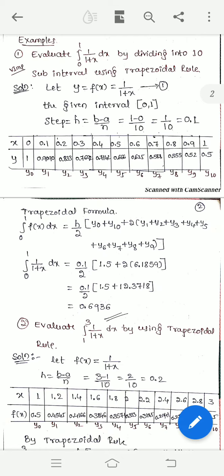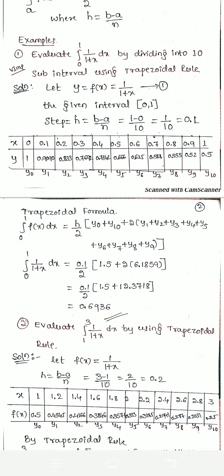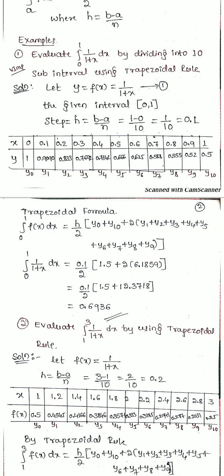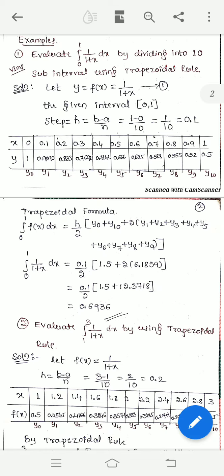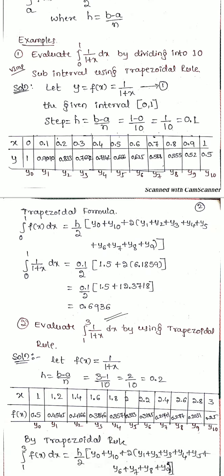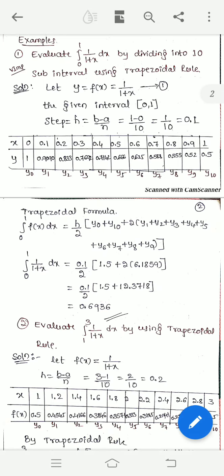So it is equal to h, where h is equal to 0.1. 0.1 divided by 2 into the first term plus the last term, that is 1 plus 0.5, which is equal to 1.5, plus 2 into the sum of all these terms, y1 to y9, which we are getting as 6.1859.